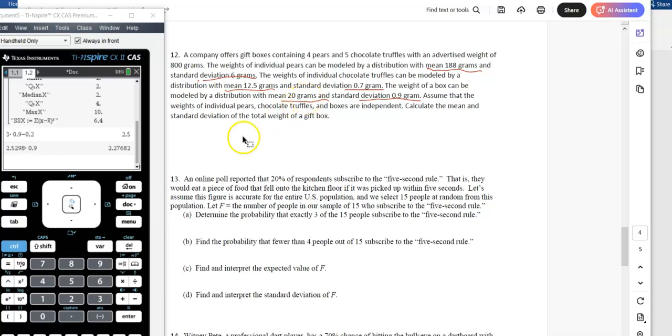So let's start with my calculator, and you're going to show this work in your paper. So we have 4 pears times mean of 188, plus 5 chocolate truffles times mean of 12.5, plus the box, mean of 20.